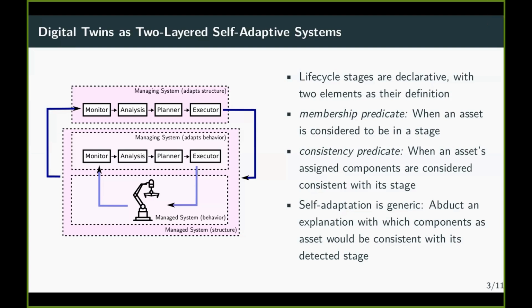And the consistency predicate, which is, given that I'm a big plant, what are the analyzers, the monitors, the planners, and the executors in the layer 1 system that I need to have? And what we will do then is, I look at, am I a member of a stage? Am I consistent with the requirements? If not, what do I need to do to become consistent with it? The actions you have are adding and removing components. And as you will see in a moment, planning is just a touch.